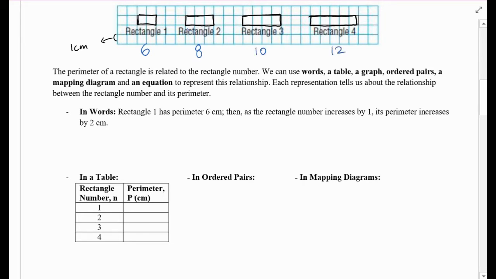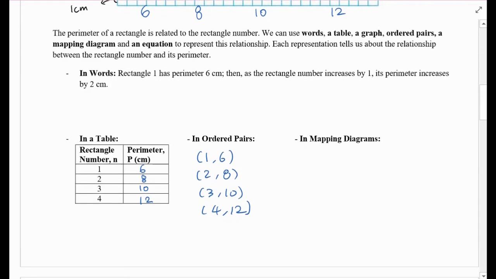So we can just write it down here. If it is 1, it's a 6. 2 is 8. 3, 10. 4 is 12. And ordered pairs: (1, 6), (2, 8), (3, 10), (4, 12). Mapping diagram. So you draw like this.